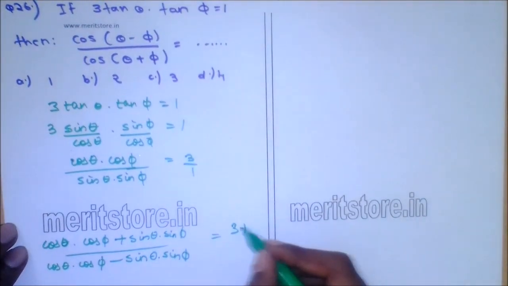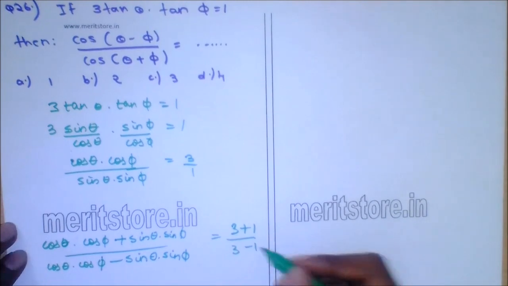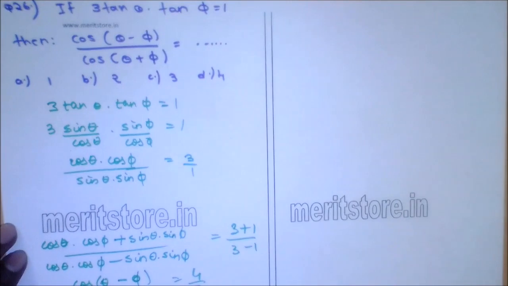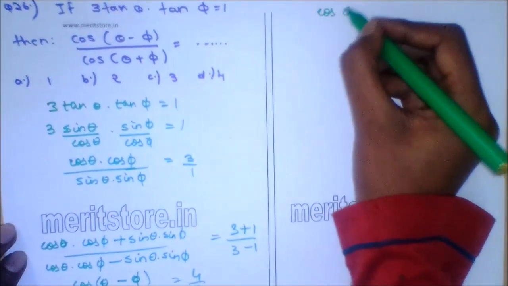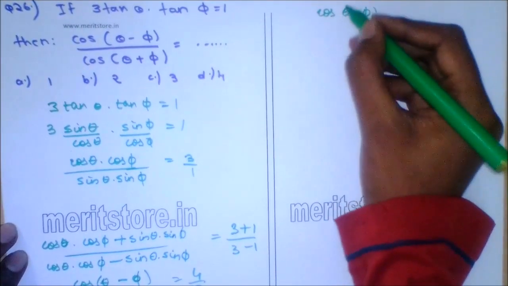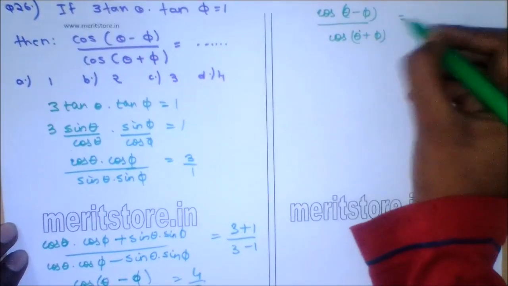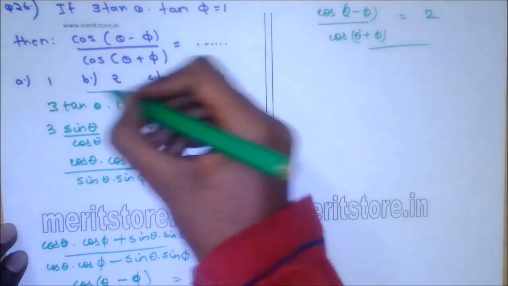So this is 3 plus 1 upon 3 minus 1. This is in the form of cos A cos B plus sin A sin B, so this is the formula of cos of theta minus phi. Similarly, this is cos of theta plus phi, and this is 4 by 2. So cos of (theta minus phi) by cos of (theta plus phi) is 2, which is option B.